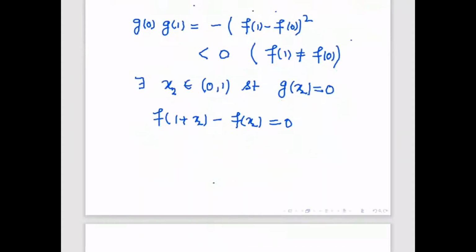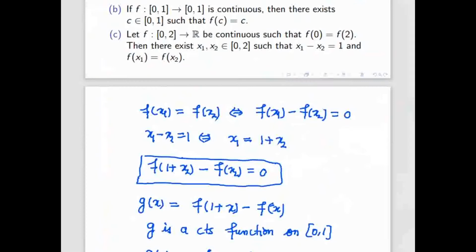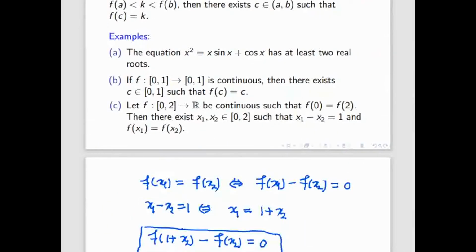Now we'll consider the other case, case number 2, when f1 equals f0. In this case there is nothing to prove. Taking x1 equal to 1 and x2 equal to 0, f1 equals f0, and the difference x1 minus x2 is itself 1.